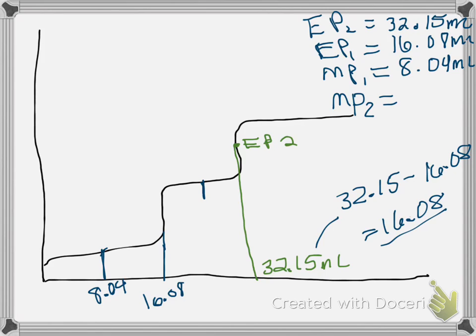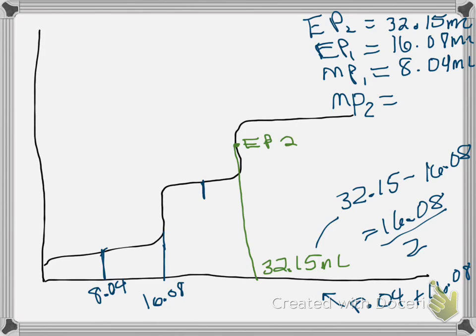And then you would divide it by 2 to get 8.04. So basically that's the number of milliliters to get to your first midpoint. And then I'm going to add that to 16.08. So effectively what you're doing is taking the amount that it took to get to the first midpoint and adding it to the first equivalence point. In this fashion you can get to the same place either way.